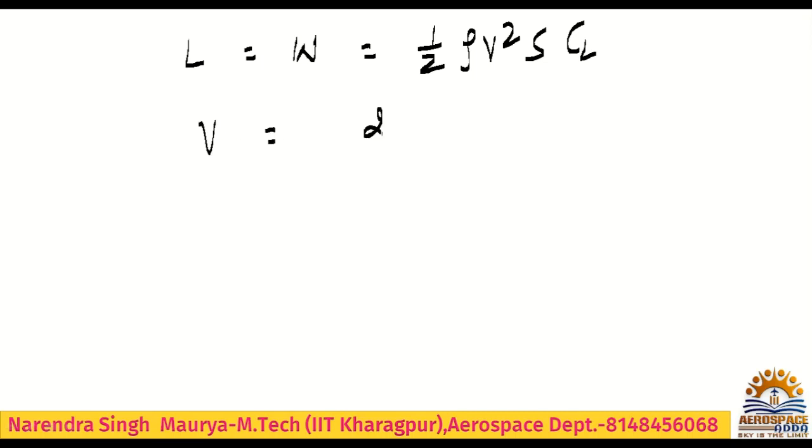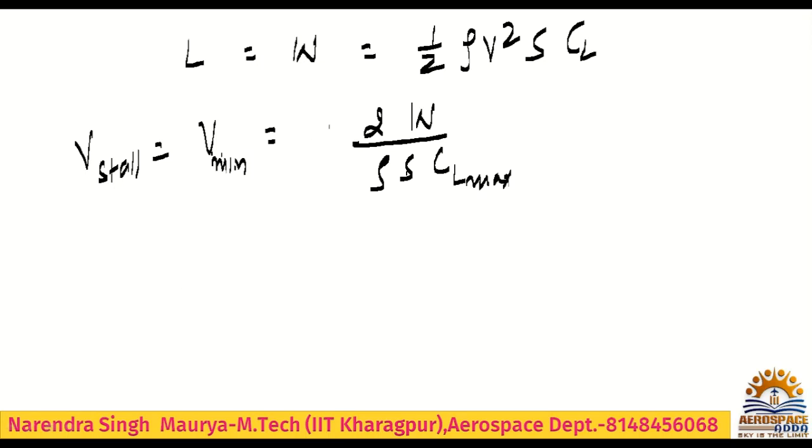It will be the square root of 2W divided by rho S into CL. I said minimum speed is the stall speed. If it is minimum, weight is constant, density is constant, area is constant. So to get minimum speed, what should we have? We should have CL max. Hope you understood why I said stall speed is the minimum speed.